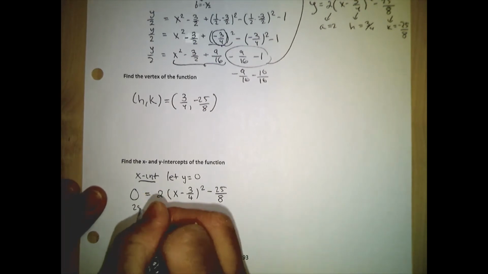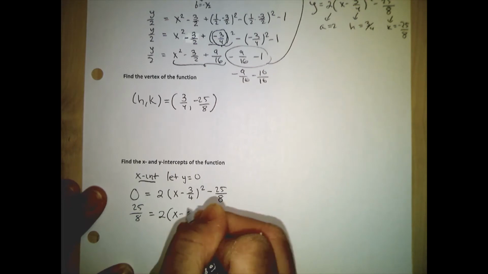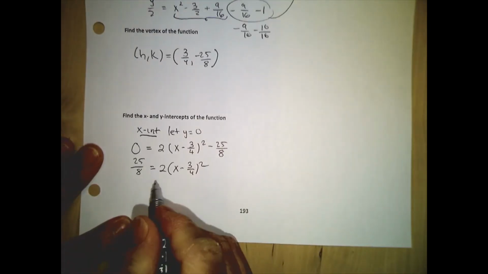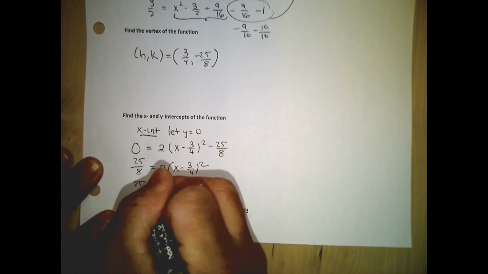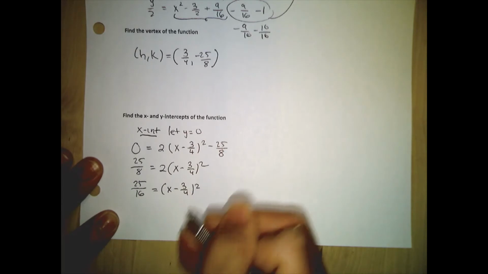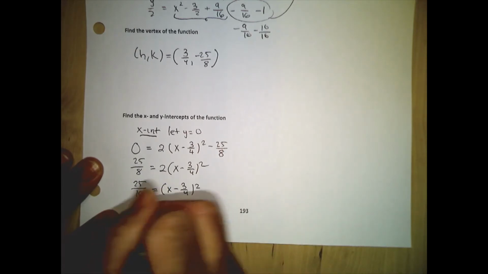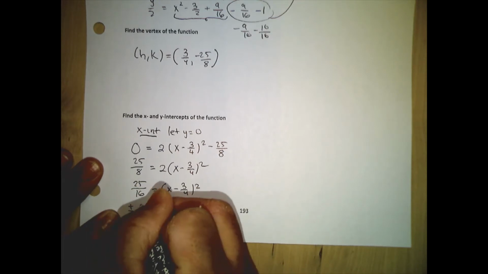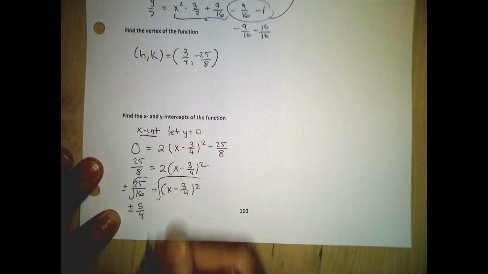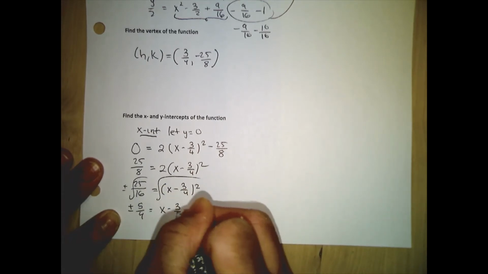Let's add the 25/8. So 25/8 is 2 times (x - 3/4) squared. Then I will divide by 2. So 25/16 is (x - 3/4) squared. I'll take the square root. So plus or minus 5/4 is equal to x - 3/4.